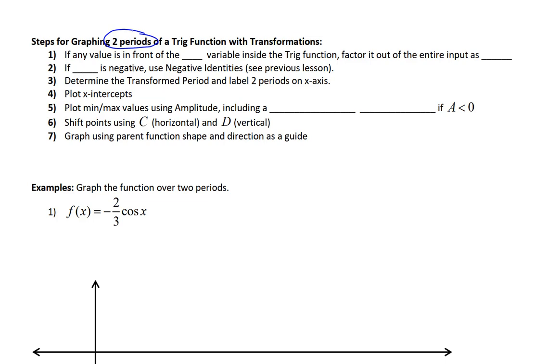The point is that periods just keep repeating the same shape over the same interval. And so, graphing two isn't that much more difficult than graphing one, but just for practice, we're going to be graphing two here. And the following steps can help, especially if you recall from algebra that transformations have a certain order of operations that matters. And so we want to make sure we're accounting for that. These steps should do that for us.